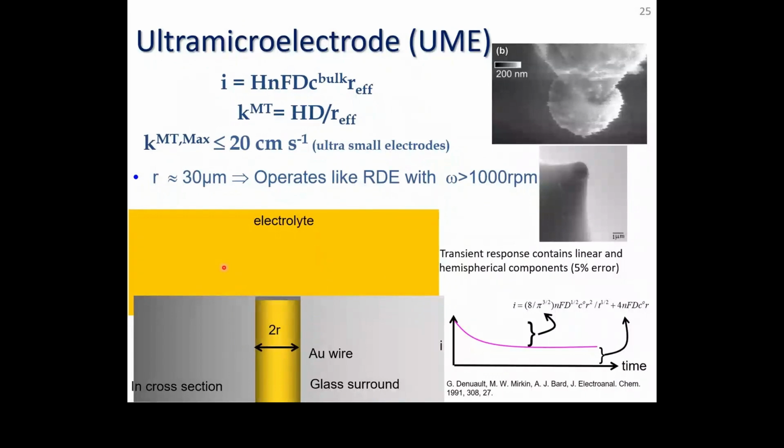once those electrodes are wider than the thickness of the diffusion layer, you rely on planar diffusion. Once you're smaller than the thickness of the diffusion layer, those electrodes have hemispherical diffusion towards them.